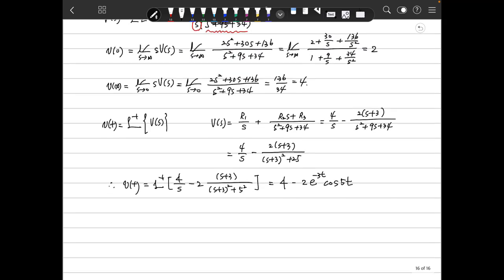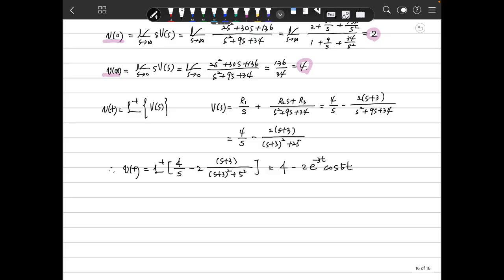So you need to check the initial value theorem and the final value theorem. The initial value was 2 and the final value was 4. From this voltage equation, v(t) at t equal to 0 is 4 minus 2 e^(-3t) cos 5t at t equal to 0, which is 4 minus 2 equals 2.